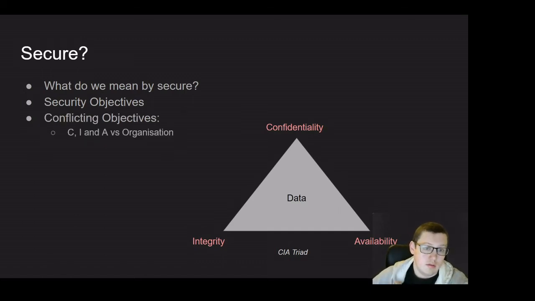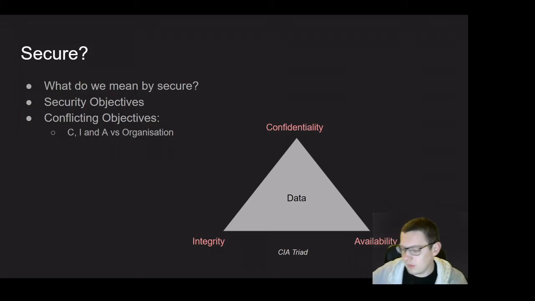So these three objectives, for a start, it's actually hard to categorize all security objectives. They don't all neatly fit into one box, so it's more like a spectrum. Some of the goals or objectives that you have might fit into multiple categories. These objectives are often at odds with organizational goals.